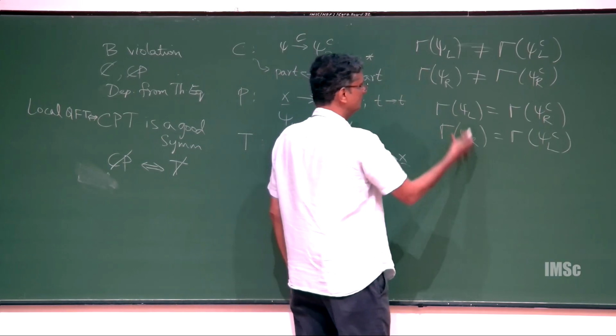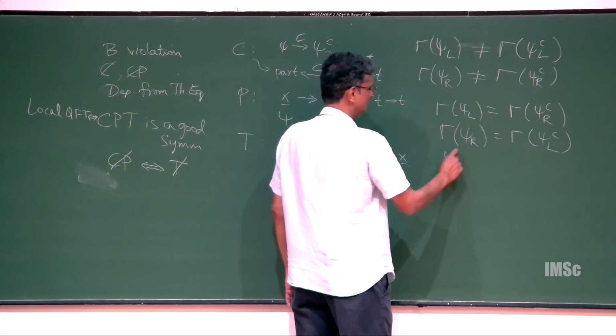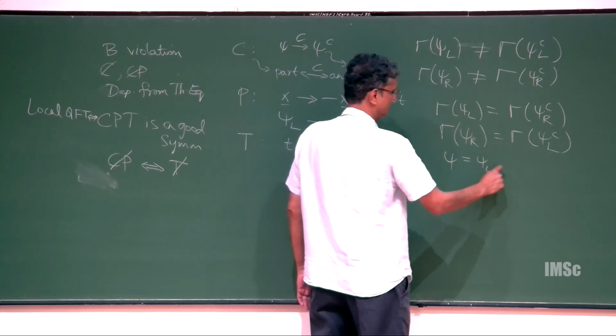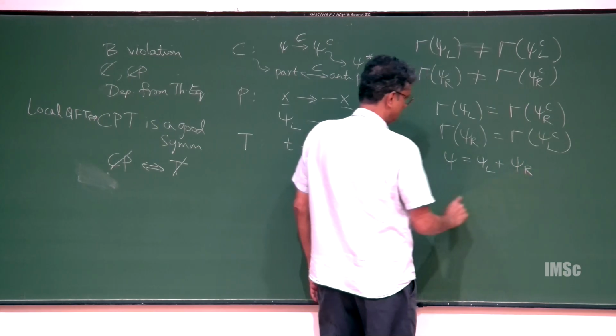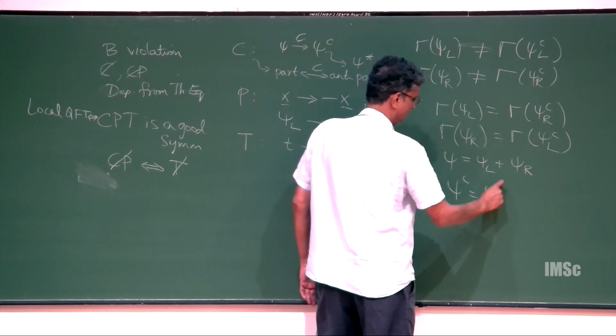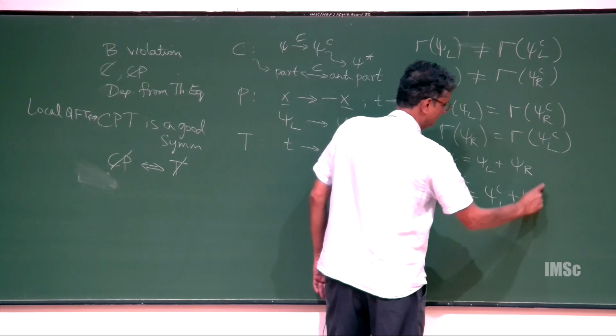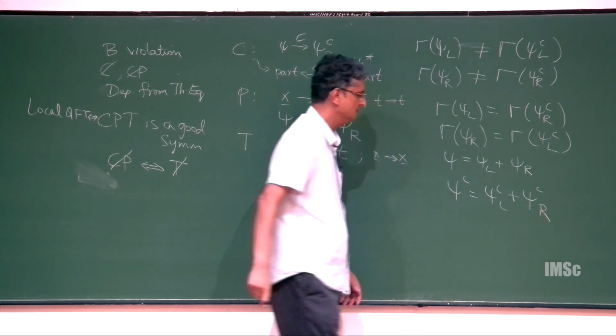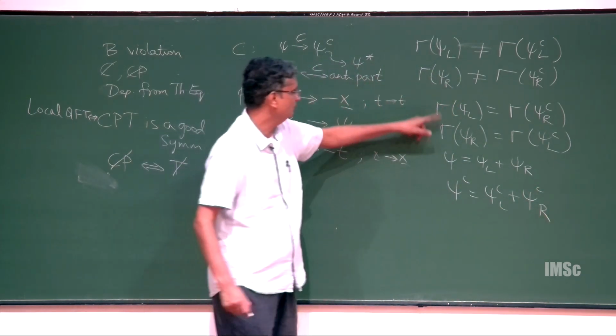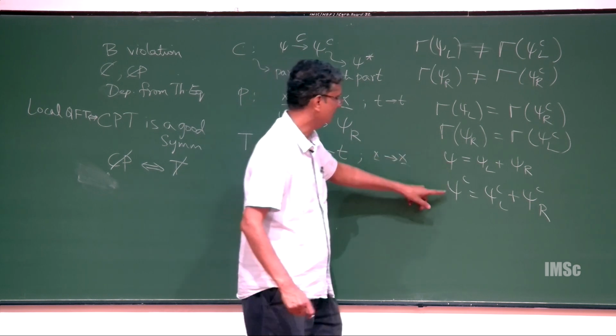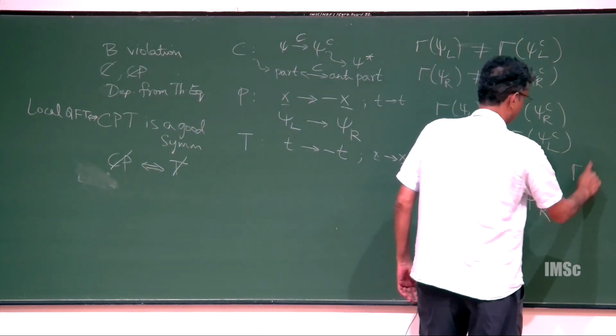And so what we think of as the asymmetry is actually this. The total psi is left plus right, and the total psi C is psi C left plus psi C right. So if this happens, the total rate for psi and psi C will be equal.